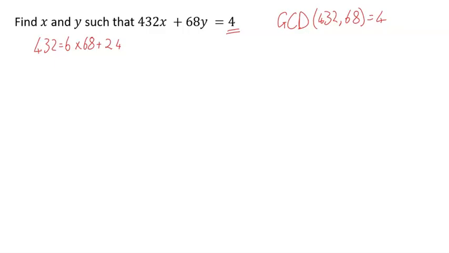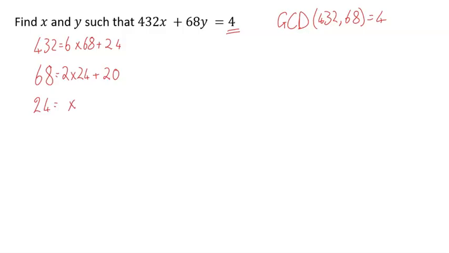There's obviously a remainder that's not 0 there, so we can continue on with the next step. I'm going to write it in the format 68 equals something times 24 plus a remainder. In this case, it's going to be 2 times 24, so that's 48, plus my remainder, which is 20. The remainder is still not 0, so we go again.